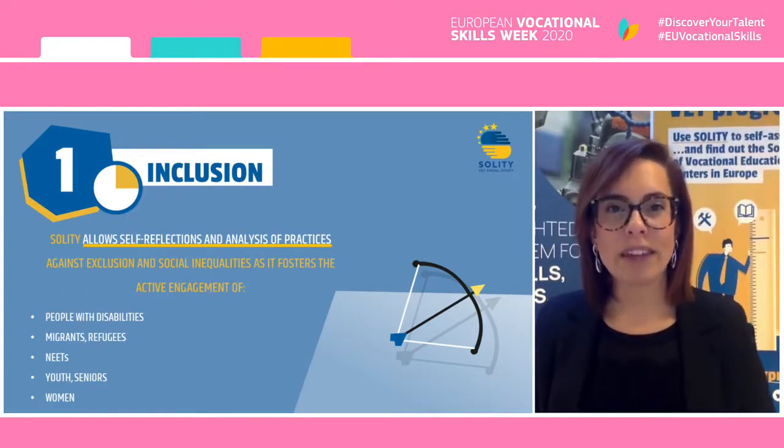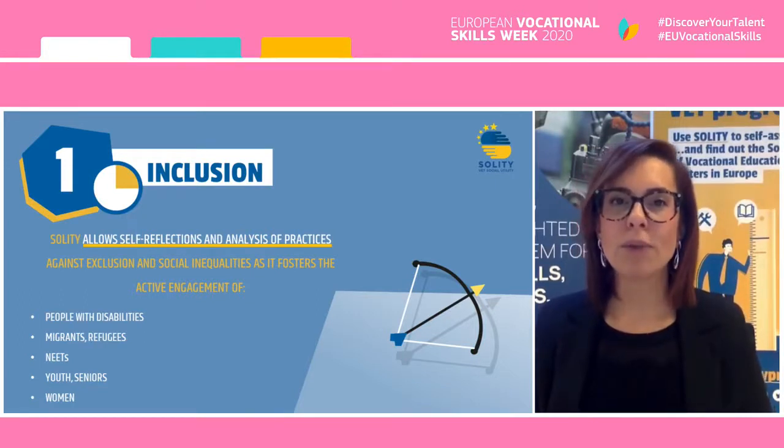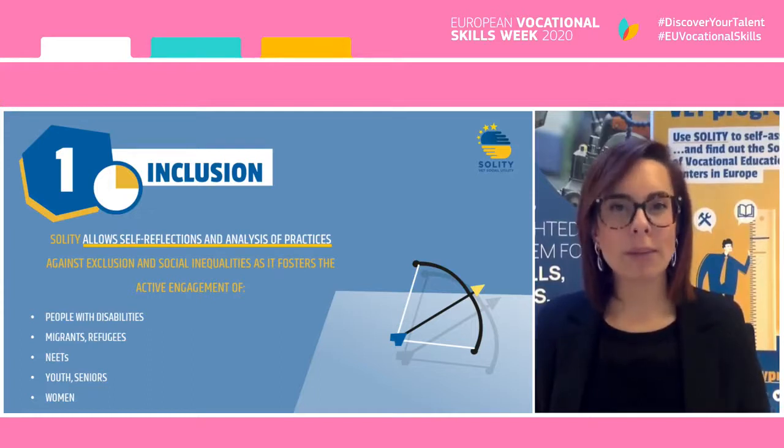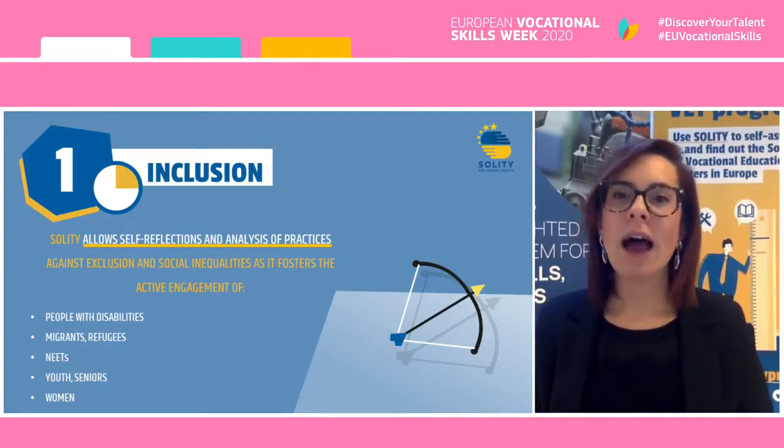The indicators that we have identified under Axis 3 cover a broad group of vulnerable people, like people with disabilities, people not in employment, education and training, migrants, refugees, women, seniors, and even youth at risk of dropout.